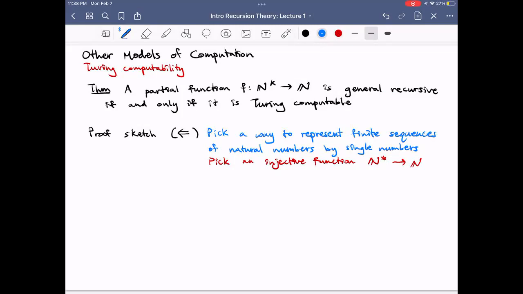So the second step is you want to find general recursive functions for manipulating sequences which are represented in this way.